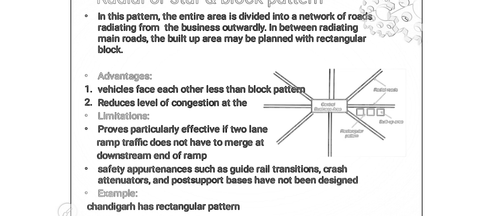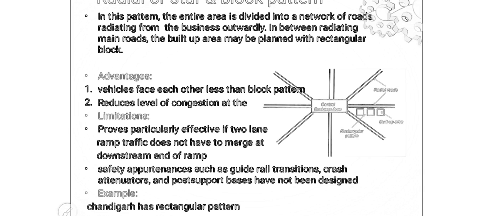In this pattern, the entire area is divided into a network of roads radiating from the business area outwardly. In between radiating main roads, the built-up area may be planned with rectangular blocks. Advantages: vehicles face each other less than in the block pattern, which reduces the level of congestion.